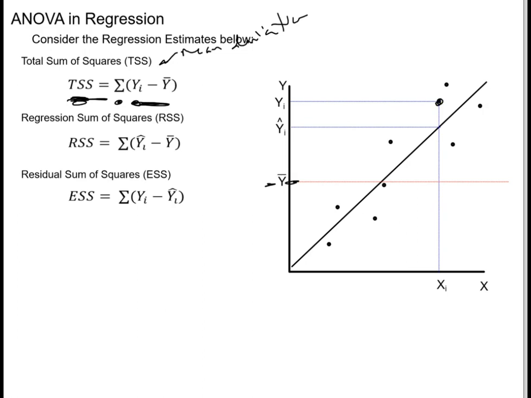If I look at the distance, the difference between that point and the overall average of my y's, that is yi minus y bar. And if I summed all those up for each of the different points, that would be my total sum of squares, right? In black, that's the total distance from a single observation to the overall average of the y's.